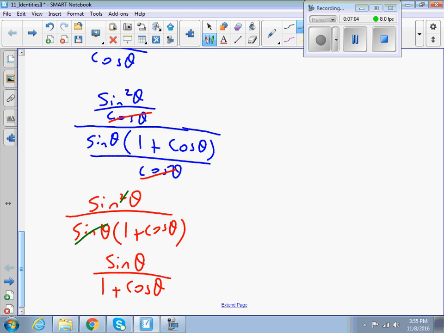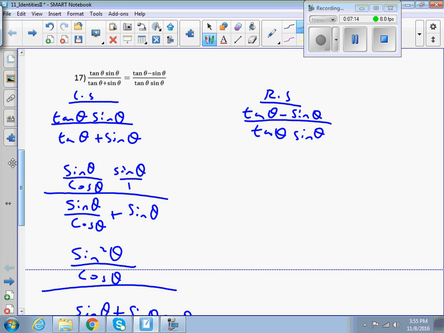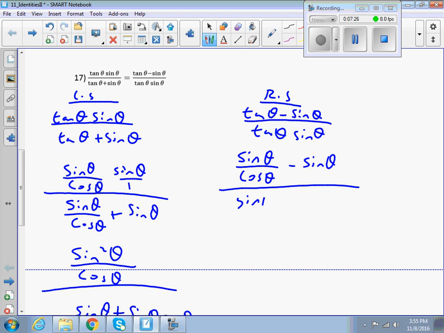And now, it's not like what I have on the right-hand side, so I can work on the right-hand side and see what I would get if I simplify it. Same approach, change the tans to sines and cosines. So it would be sine theta over cos theta minus sine theta over cos theta, times sine theta.